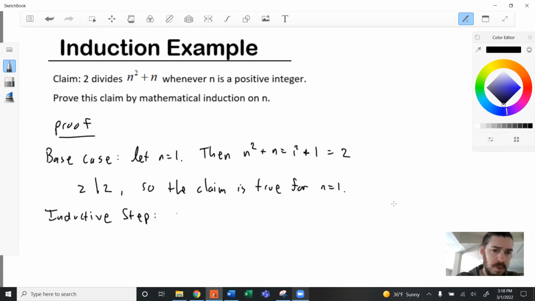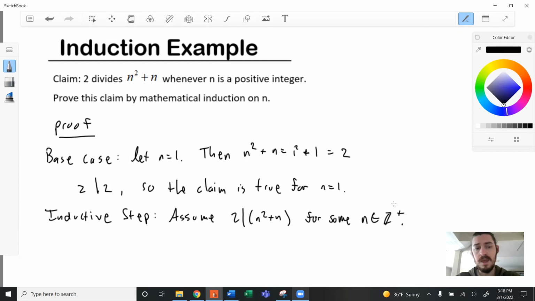So our inductive step will begin with: assume that 2 divides the number n squared plus n for some positive integer n, right? Okay, now what we want to do is examine what happens when we replace n with n plus 1.